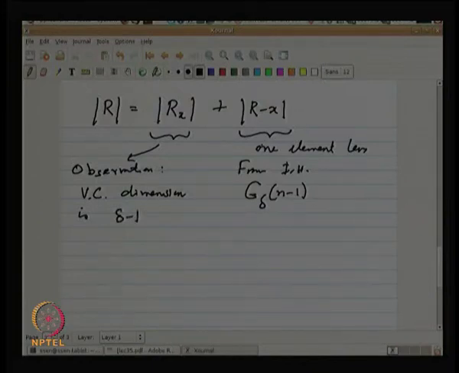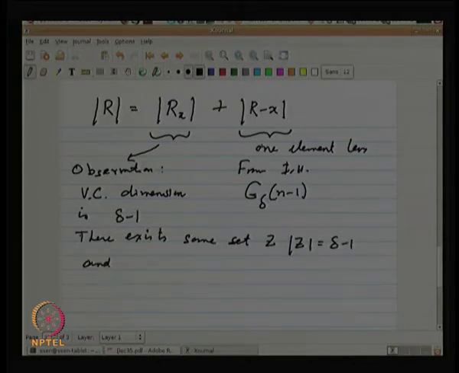Why is it delta minus 1? VC dimension delta minus 1 means there exists some set, let us say set Z, with size delta minus 1, and Z can be shattered.